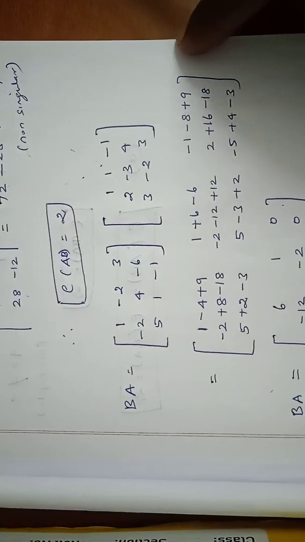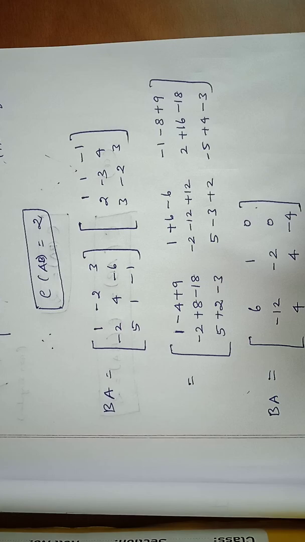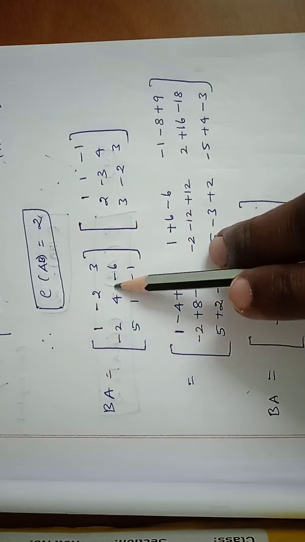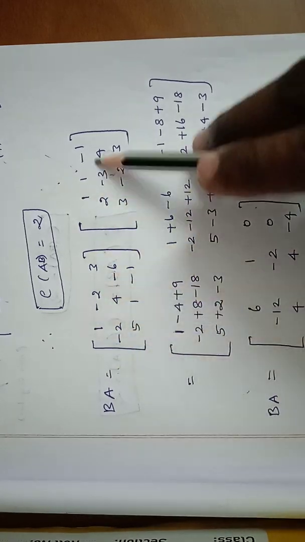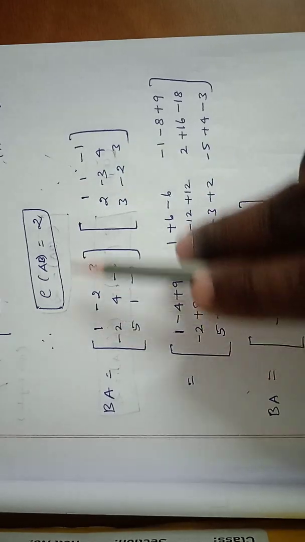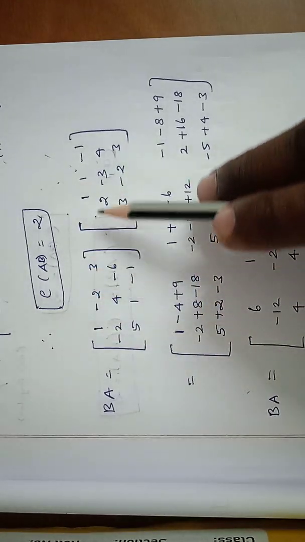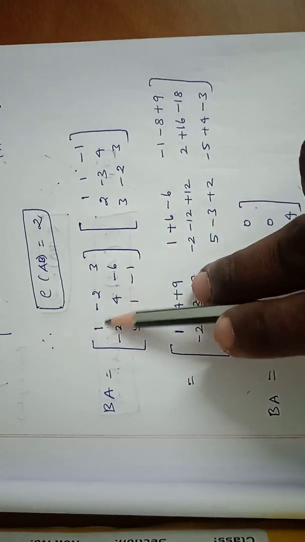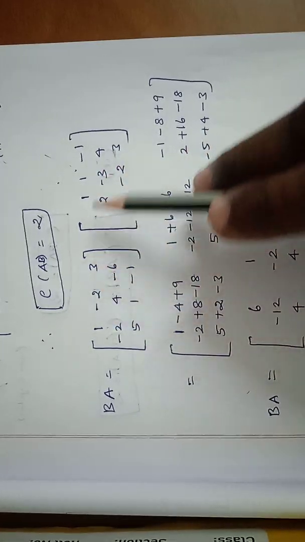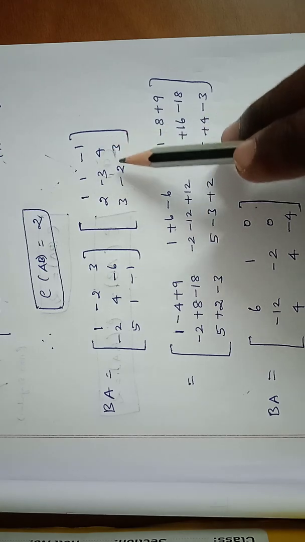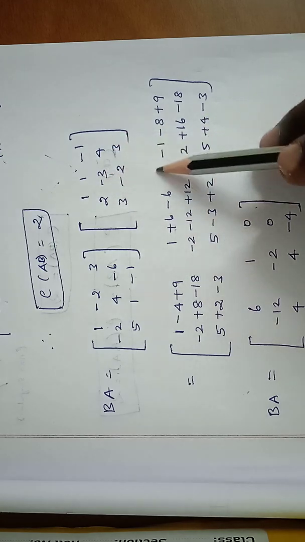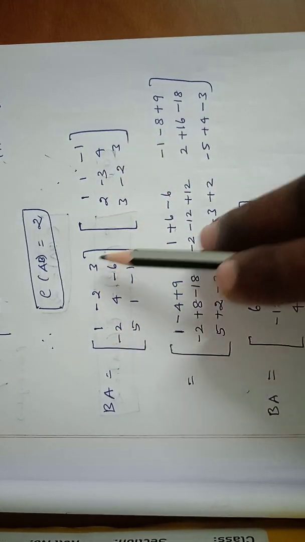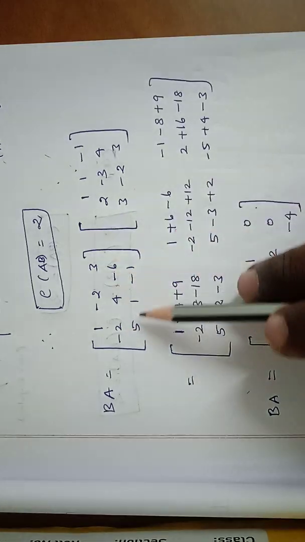Similarly, we have to compute BA value. So B can be taken first, A can be taken second. Multiply these two matrices. 1 into 1, 1, minus 2 into 2, minus 4, 3 into 3, 9. Again 1 into 1, 1, minus 2 into second value. So minus 1 into, we have to take the second value.